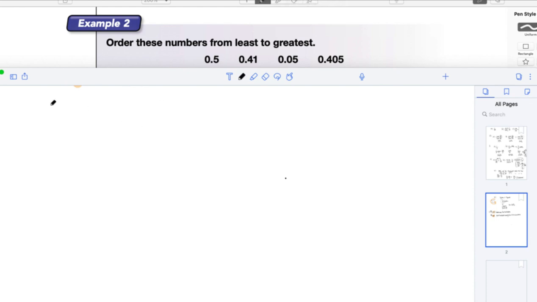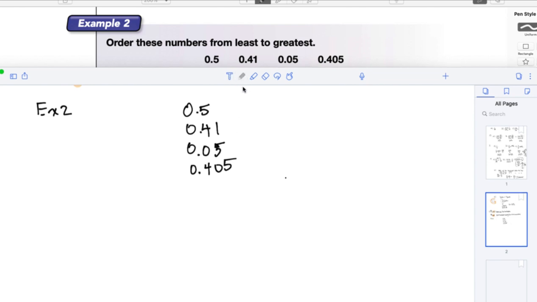In this example 2, we're going to be organizing these numbers from least to greatest. And honestly, the best way to do it is just to first look at the numbers, kind of compare their place, and honestly, writing it like this is quite helpful because it gives you a better understanding of how they all play out.